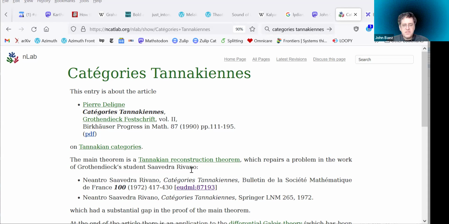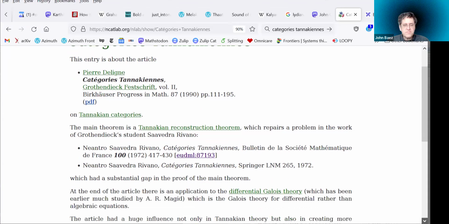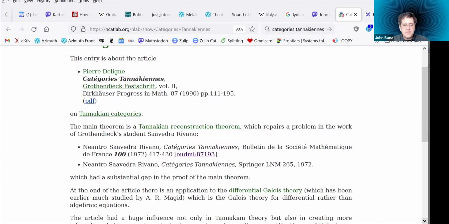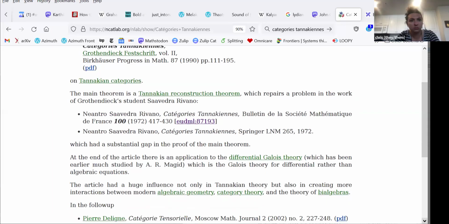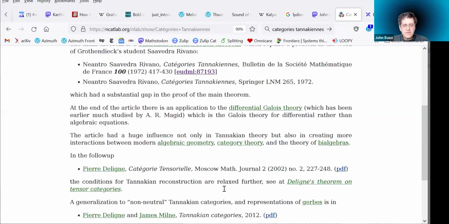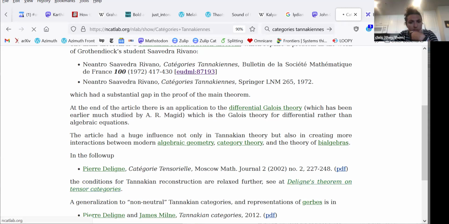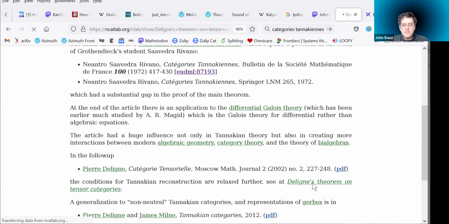Apparently there was a mistake in some earlier work about this subject. And then there's a follow-up, tensorial categories by Dolan. If you want something in English, there's a kind of summary of it on the nLab at this link: Dolan's theorem on tensor categories, which I'm attempting to click.